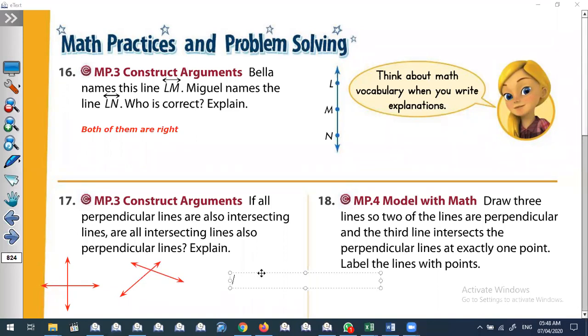So the answer is, not all intersecting lines are perpendicular because they should make a right angle, a square corner. Yes, a right angle.